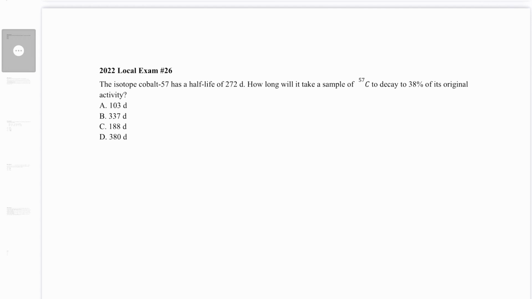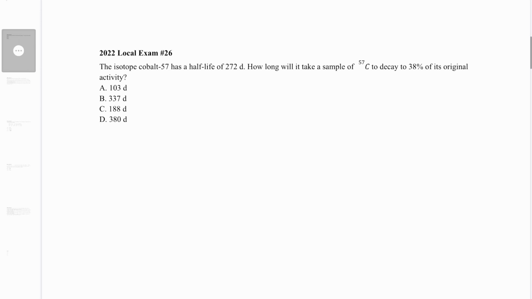And in this case, we're told that the isotope cobalt-57, this is indicative of radioactive decay, which is first order kinetics. And so the integrated rate law for first order kinetics is the natural log of the concentration at some time t is equal to minus kt plus the natural log of the initial concentration.